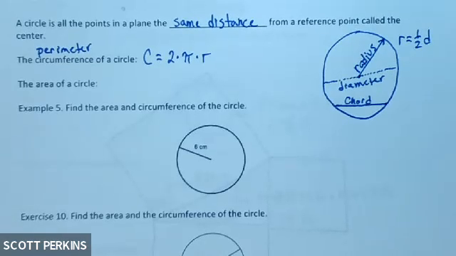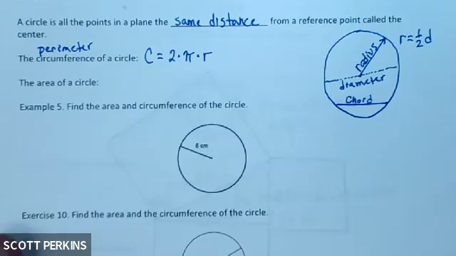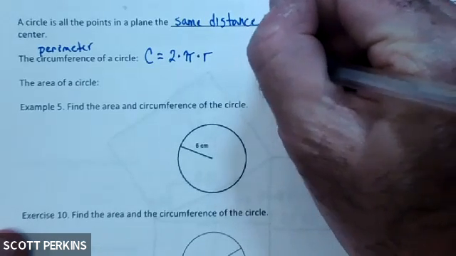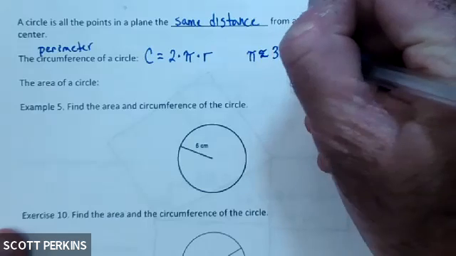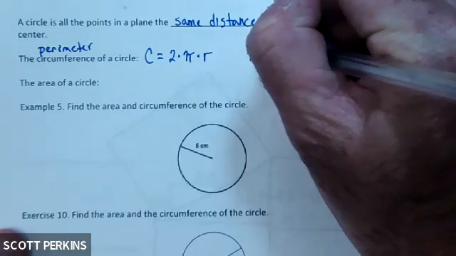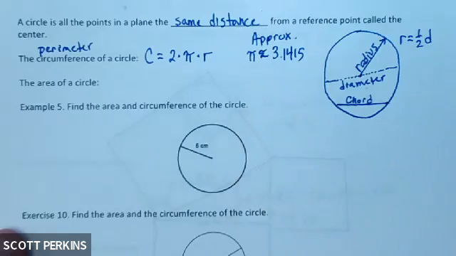Most of the scientific calculators have a pi key. So it gives you good decimal places of pi so you don't end up with round off error. If you're just using a basic 4-function calculator, then the approximation that I recommend for pi is 3.1415.